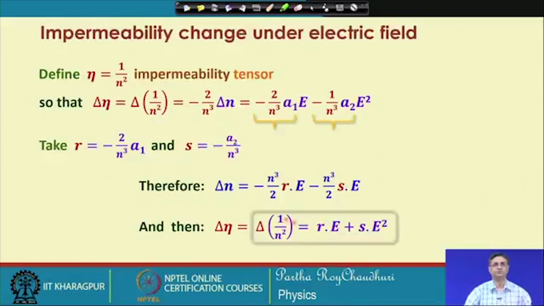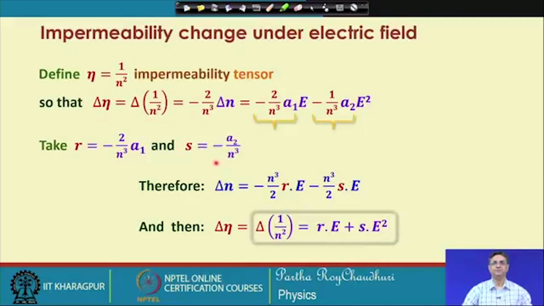Let us now define another quantity, that is impermeability, which is 1 upon n square, and evidently this is a tensor. The change in the impermeability, delta eta, is equal to delta of 1 by n square, which, if you take the derivative of this 1 by n square, gives you this, and there will be two terms.